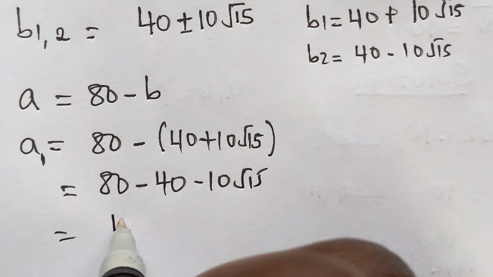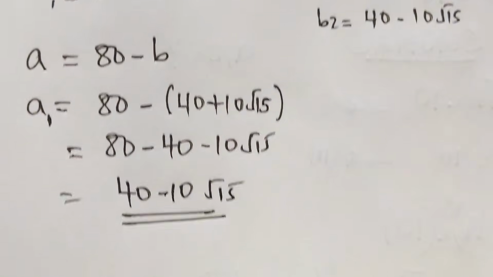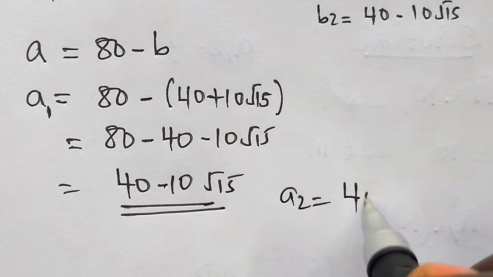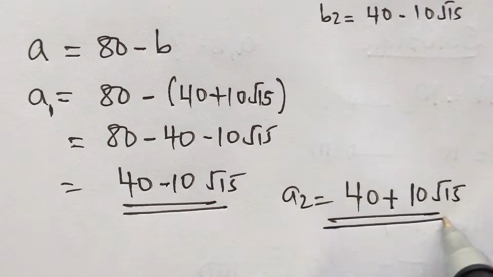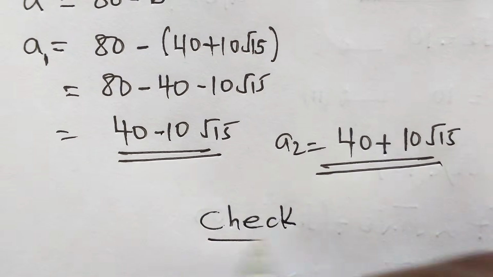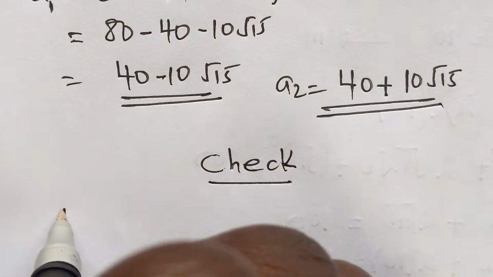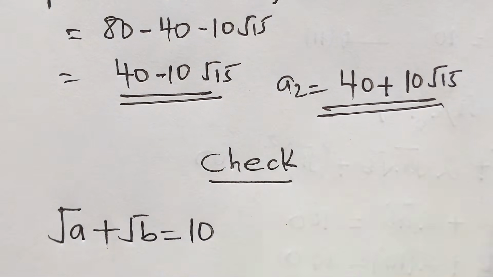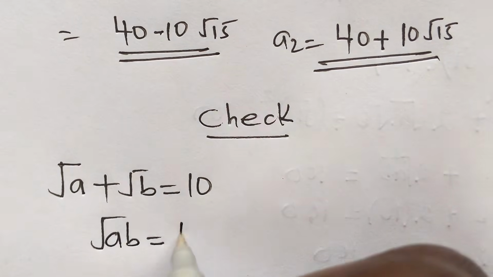This will be 40 minus 10 square root of 15. This is a1, whereas a2 is the opposite of this one, which is 40 plus 10 square root of 15. And here we can check if the answer is correct, because we were given square root of a plus square root of b equals 10 as the first equation, and square root of ab equals 10.